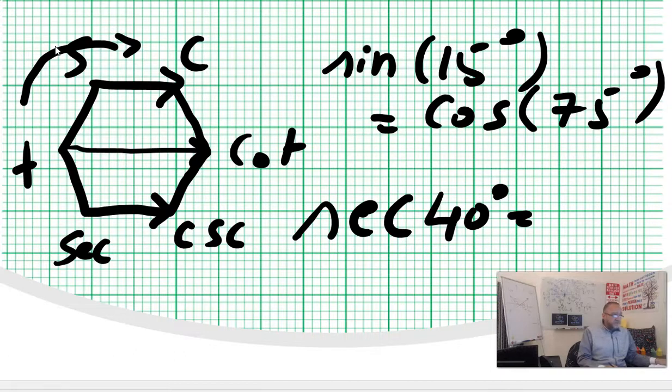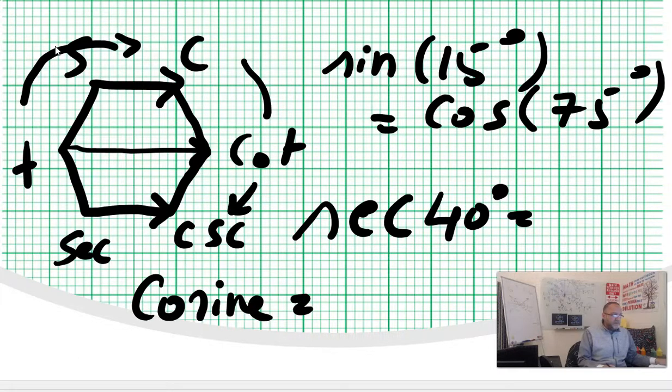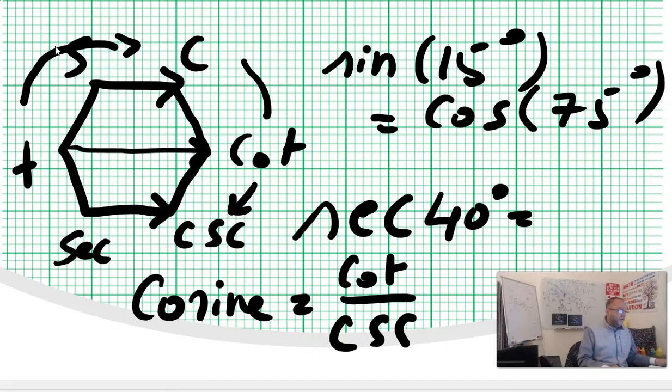I don't memorize any of that stuff. So cosine is actually cotangent, if I go this way, divided by cosecant. And if I want to go the other way around, secant equals tangent divided by sine. So that makes it very easy, and breaks down a lot of things for us.